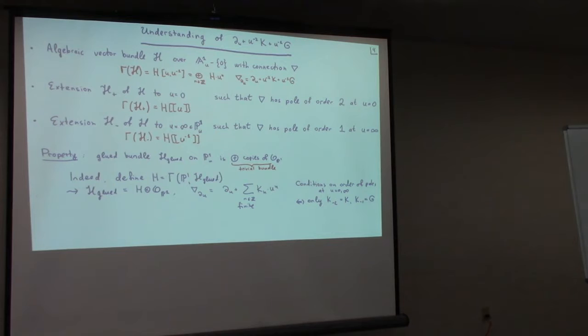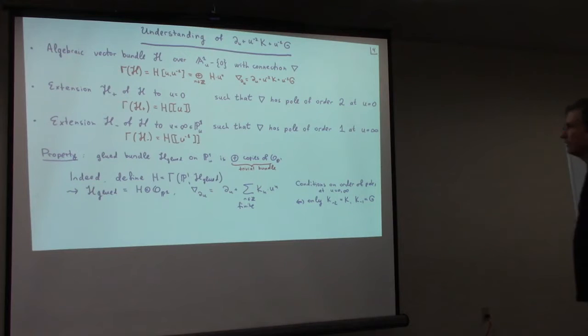Just take again Laurent Taylor series in U inverse. And this guy, if one can easily check, has a pole of order 1 at infinity. So if you take U du, it will have no poles at infinity. Okay, and then we get a glued bundle, and this bundle is trivial.